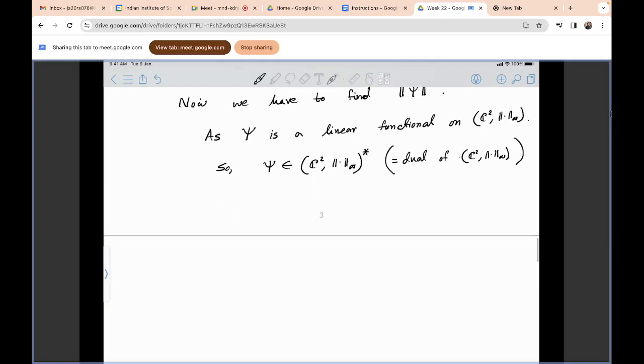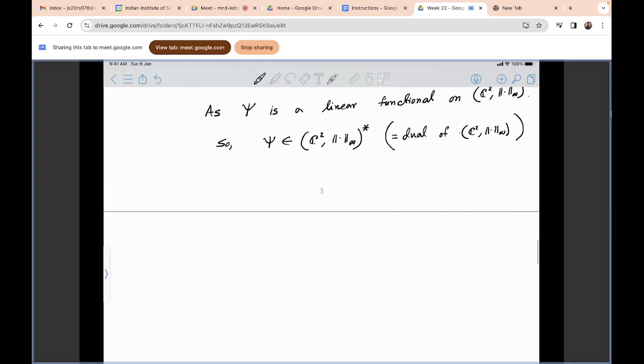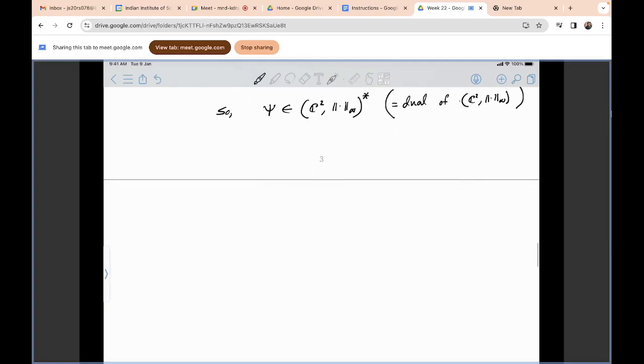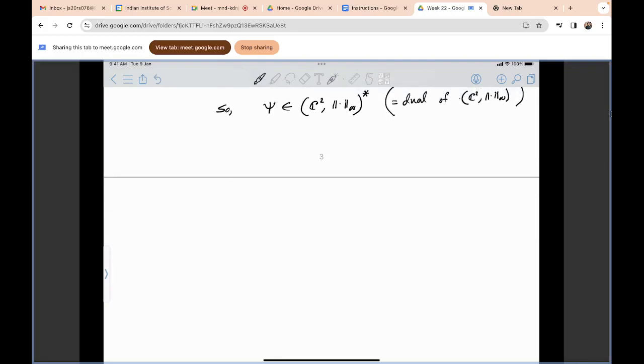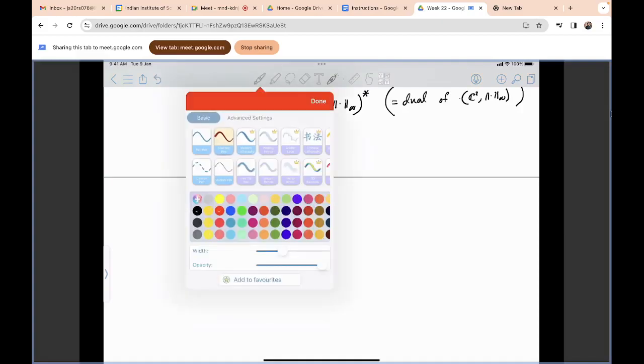Now what is the dual of C2 with L infinity norm? This is a finite dimensional vector space. We know that the dual of C2 with L infinity norm is isometrically isomorphic to C2 with L1 norm. So this is a result.